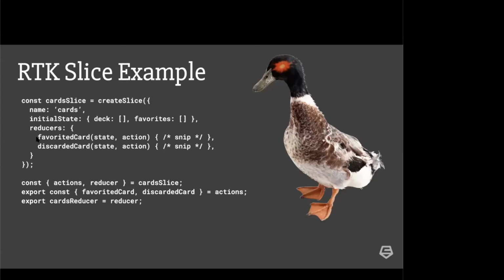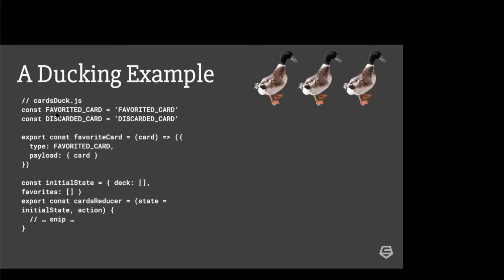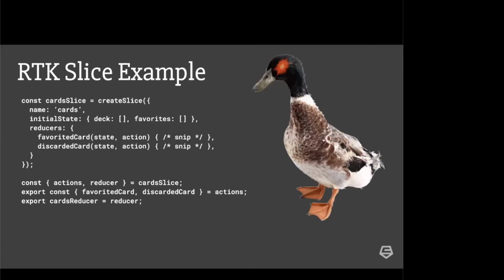Right. So we're not declaring actions at all here. Previously, we had to declare the action names and then an action creator. That's all gone and provided implicitly by the cardSlice. So you can see here we're destructuring the actions object and the reducer from the cardSlice, and then exporting the actions thusly.